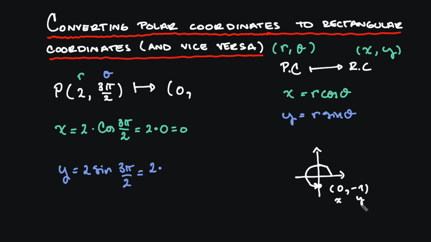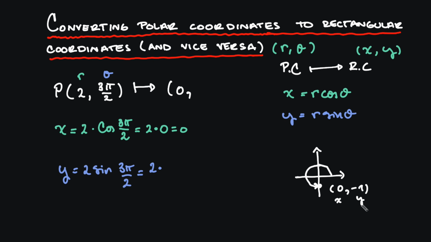Why tangent? Because tangent of the angle is equal to opposite, that is y, over adjacent, that is x, right? So tangent of theta will be equal to y over x.